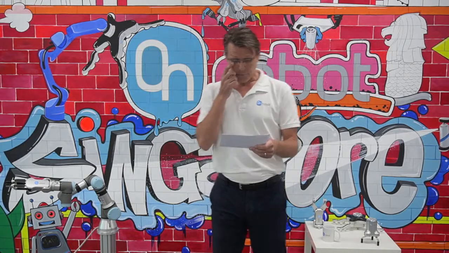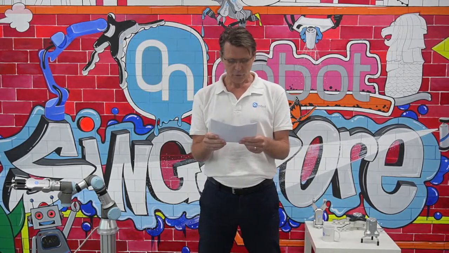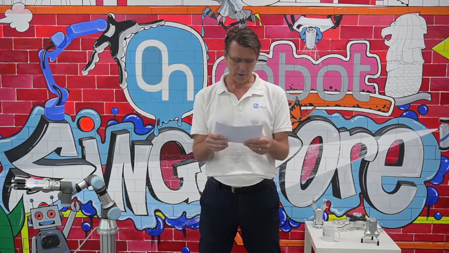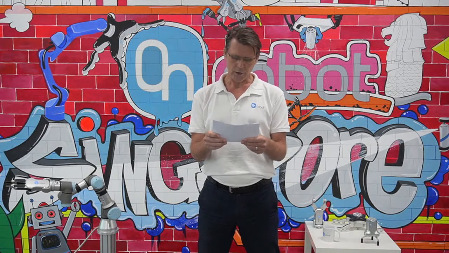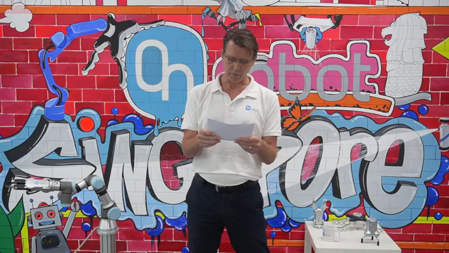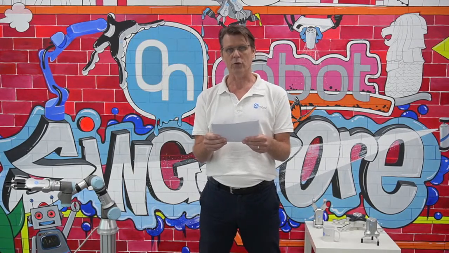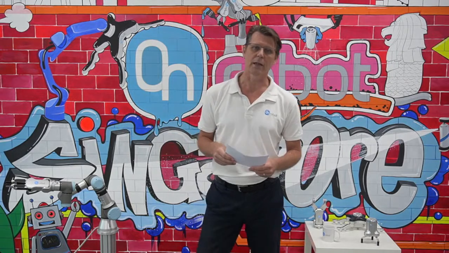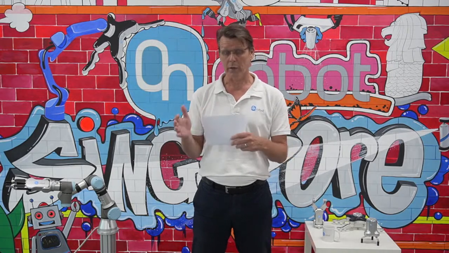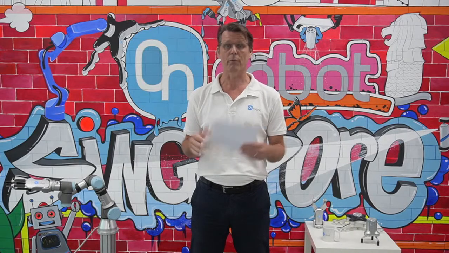The first question I have so far is: is it possible to lend equipment if you want to test an application we are considering to automate? Certainly, yes. You definitely can from OnRobot, but as I mentioned in a previous virtual coffee chat, the way OnRobot works is that we work through what we call partners around the region.